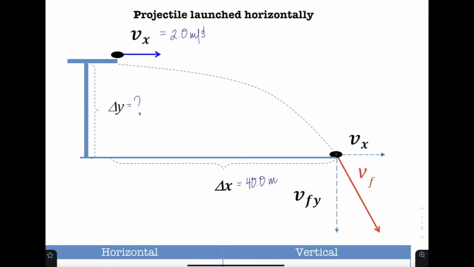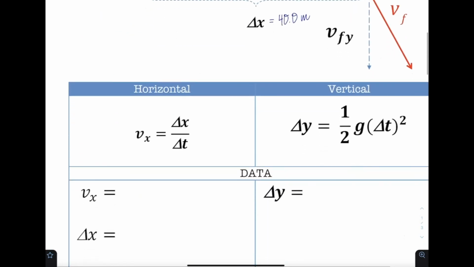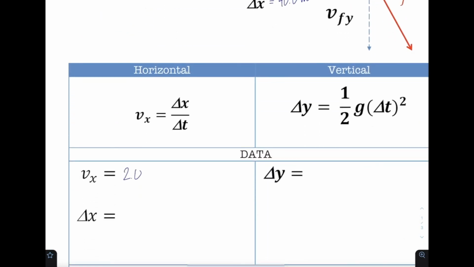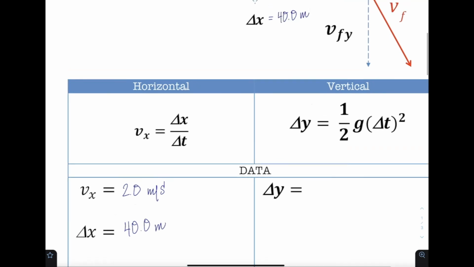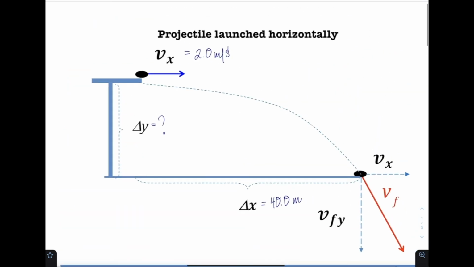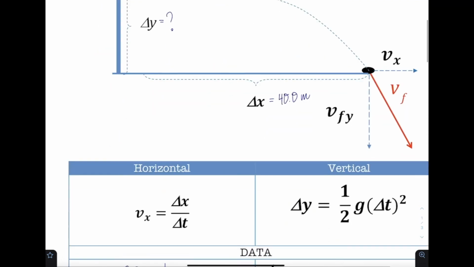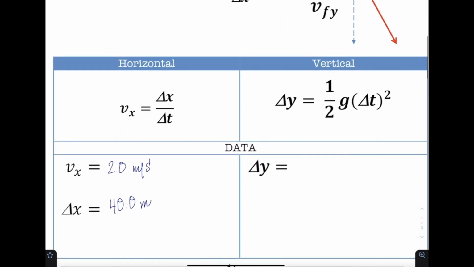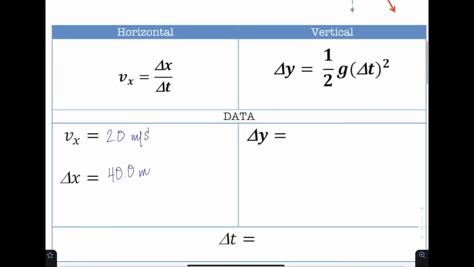So we're given two things from the horizontal part. 2 meters per second is the horizontal velocity. 40 meters is the distance traveled horizontally. 2 and 40, both of them are horizontal. So we write it down in the horizontal part of our table.